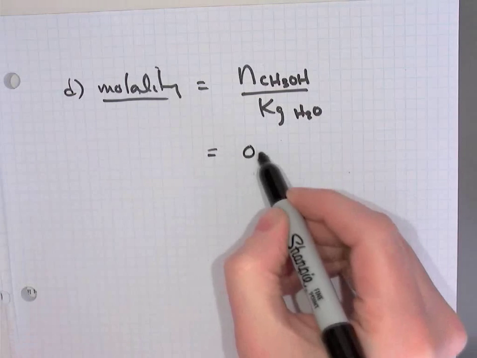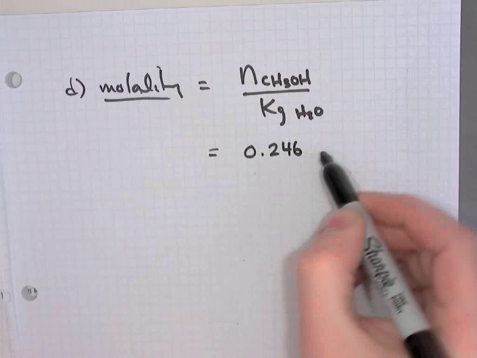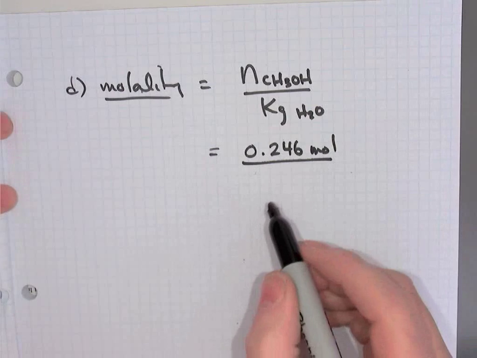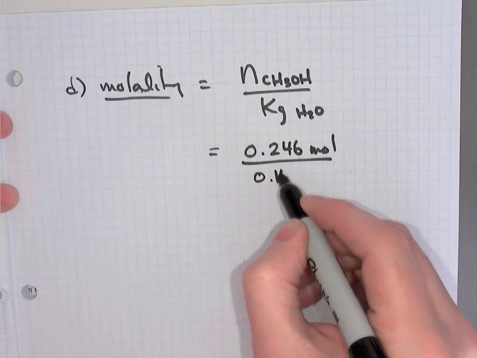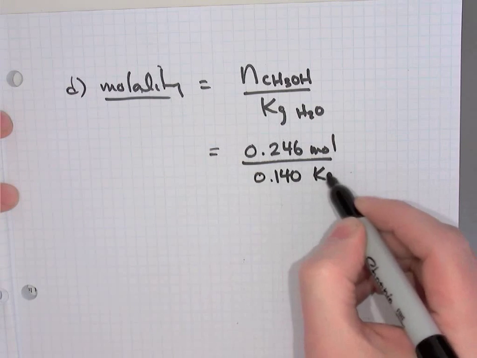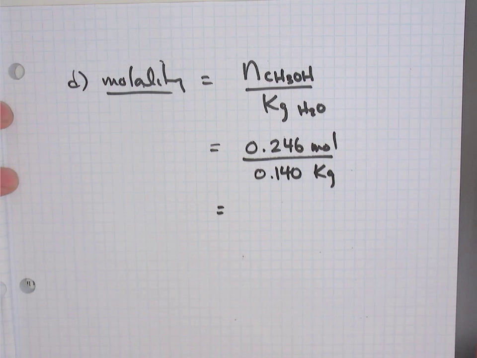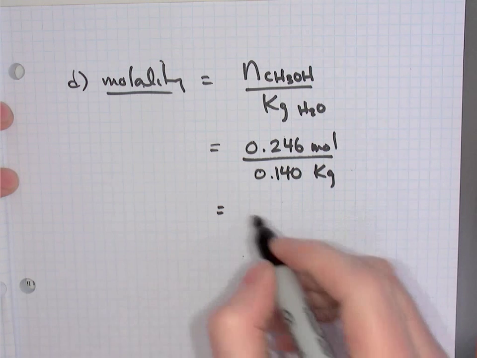So that's going to be 0.246 moles divided by the kilograms of the solvent, which was 0.140 kilograms, equals, with 3 significant digits, 1.76.